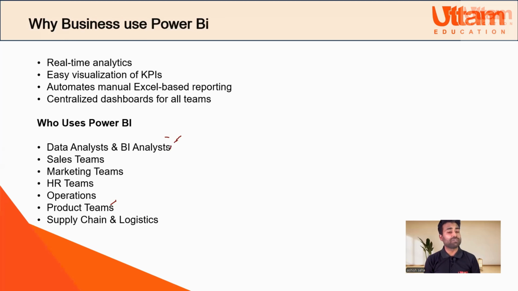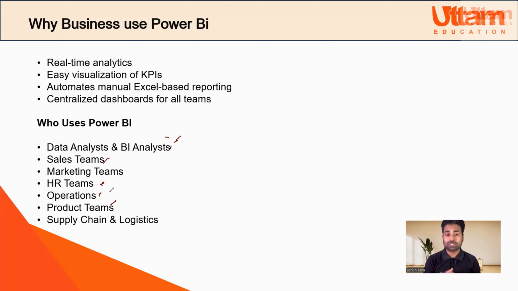We discussed different work. The sales team analyzes sales data, the marketing team analyzes the leads, the HR team analyzes resource behavior, and the operation team analyzes the performance of students and users. The product team uses Power BI to understand how the product is going, and whether it is being used continuously by users or not.